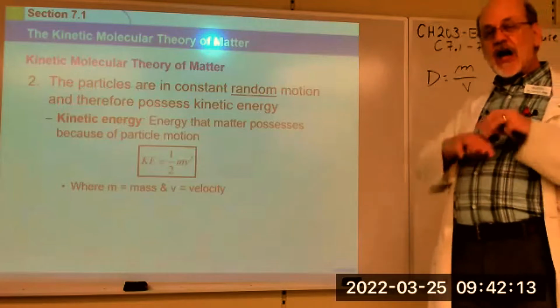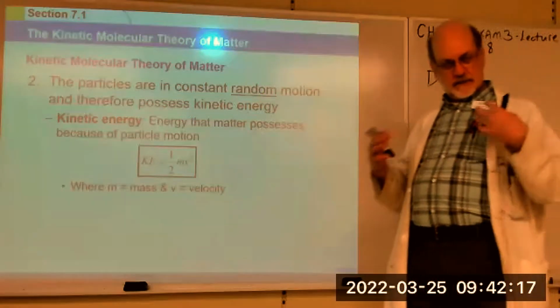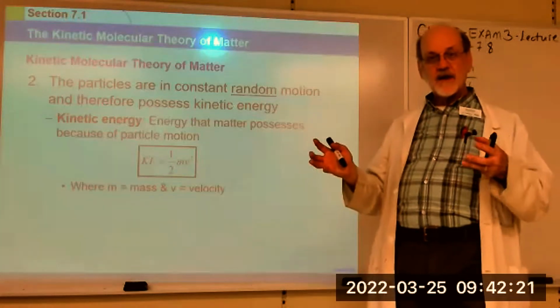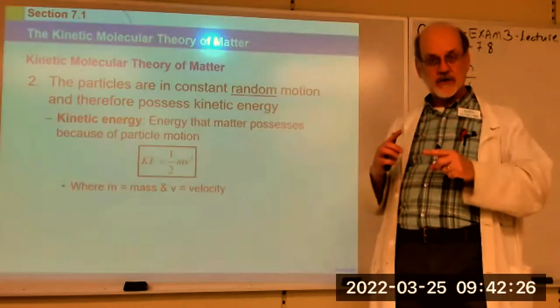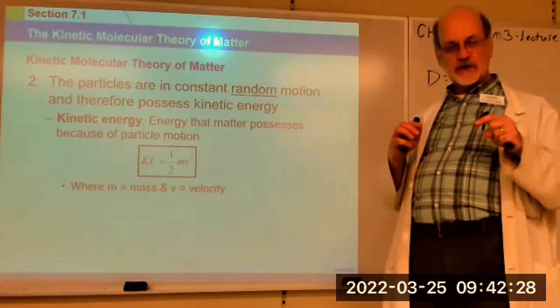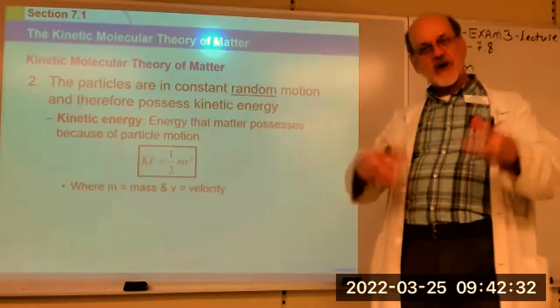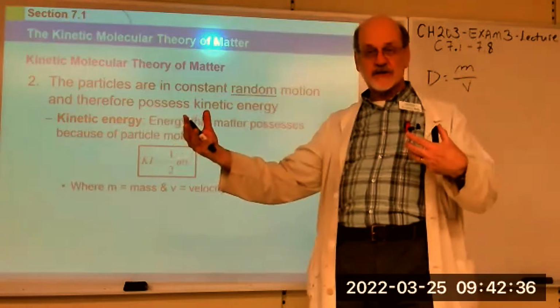The particles are in constant random motion, right? And the reason we have to say that is because there are so many of them, we cannot track each individual atom or molecule to determine the outcome of a particular state and a transition to another set of conditions.